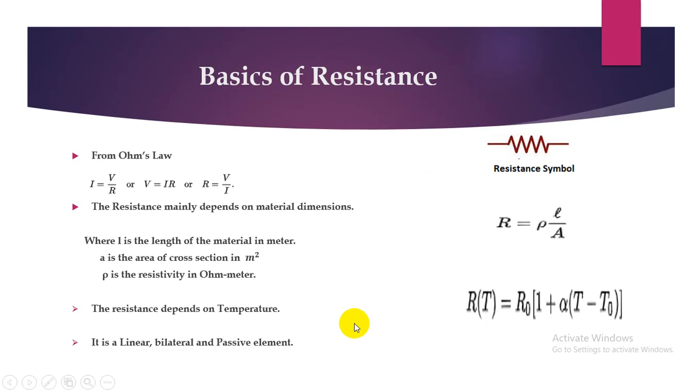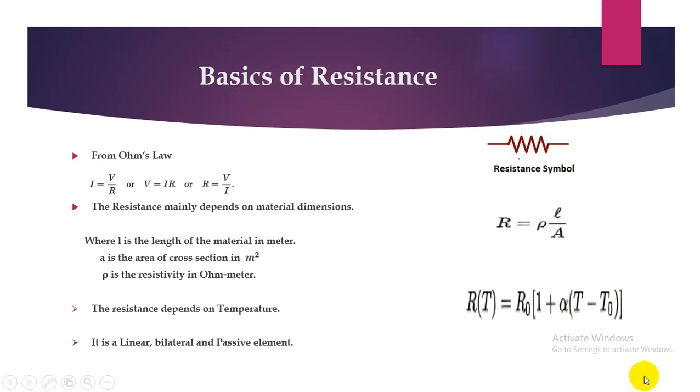it also depends on the temperature. If the temperature varies, automatically the resistance of the material also varies. Basically, the temperature has a coefficient, which has different values. For example, the temperature coefficient alpha is positive for conducting materials.